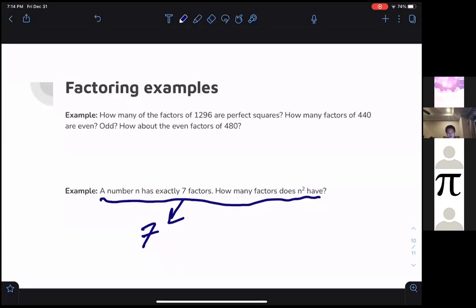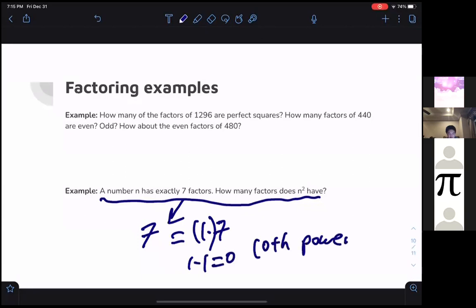Okay, so because the number n has 7 factors, it can basically only be factored into 1 and 7. So 1 minus 1 equals 0, and 7 minus 1 equals 6.